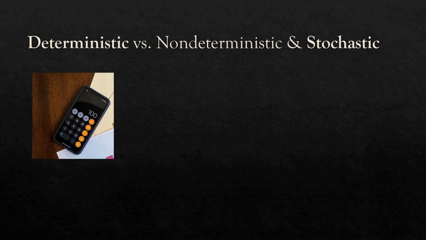Non-deterministic is when multiple outcomes are possible, but we don't know the probabilities of each. We just know there's uncertainty here, but we don't know exactly the probability. An example is if we say it might rain tomorrow. We don't know exactly, but we know there's a possibility.